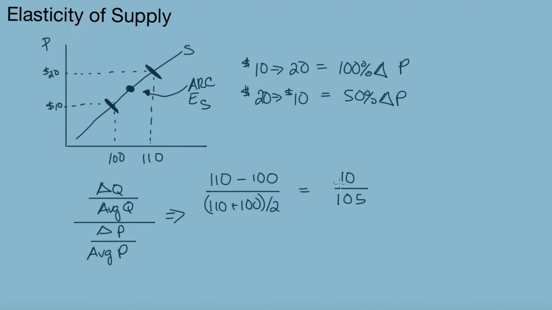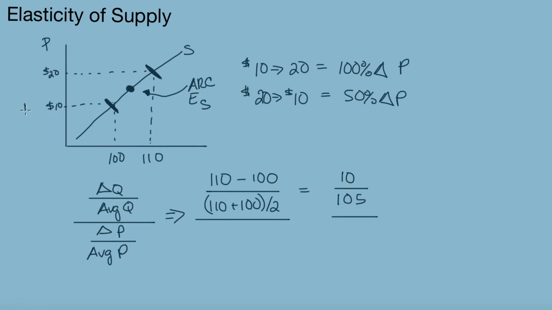Okay, so it's the change in quantity divided by the average quantity over the change in price. So the price change is from $20 to $10 or $10 to $20. It doesn't matter which way we're looking at this. Since we started with Q2, we'll go ahead and put P2 first.